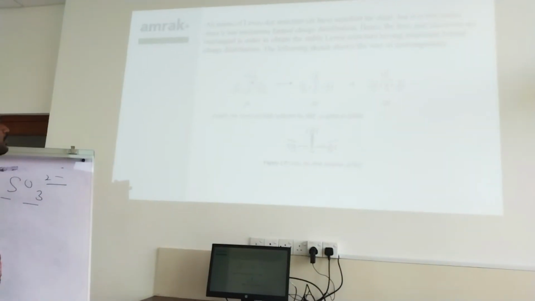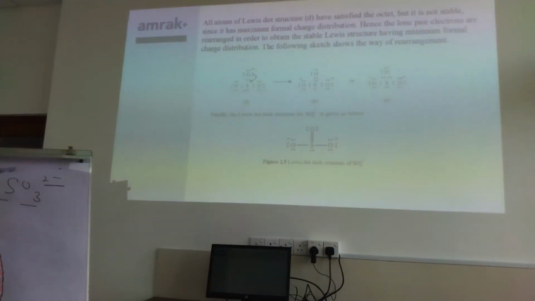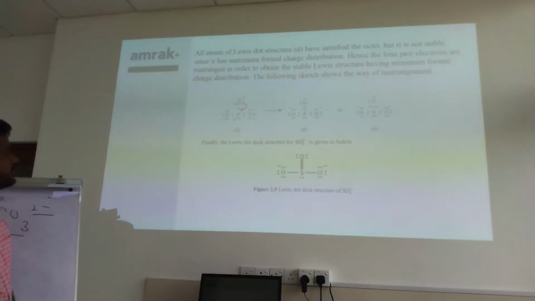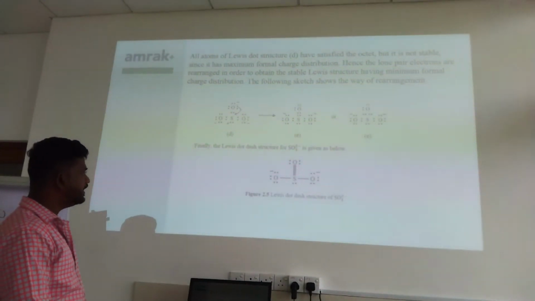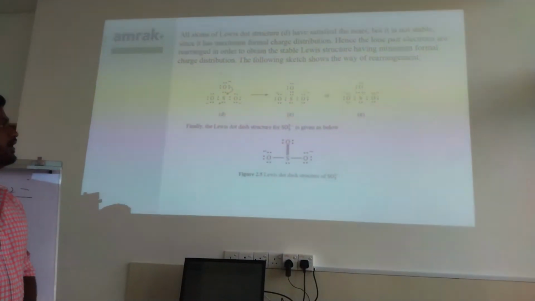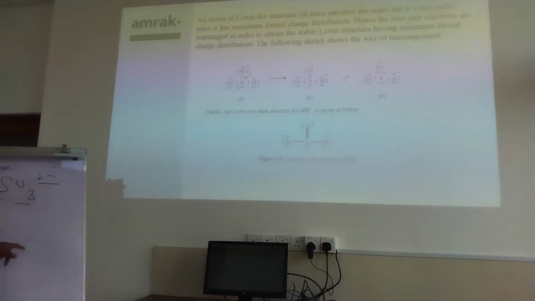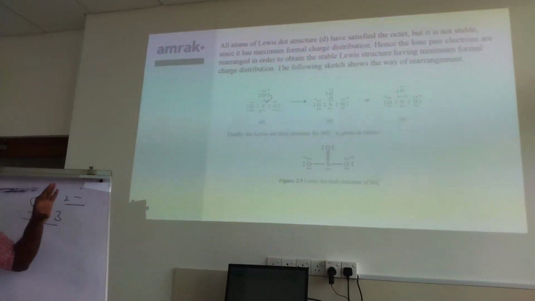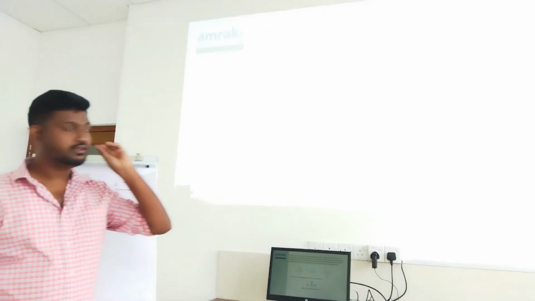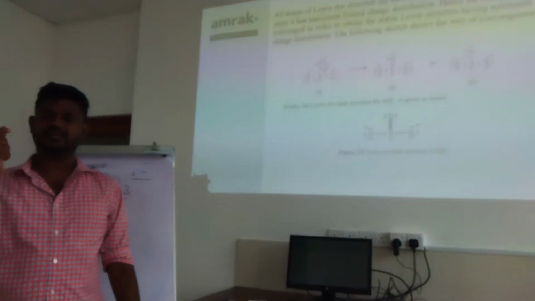Finally, the Lewis dot structure for SO3 2 minus is given as below. So what happens is, when you are drawing it, if you put only single bonds, they are not stable. Like earlier when drawing CO3 2 minus, the single bonds are not that stable in that compound.